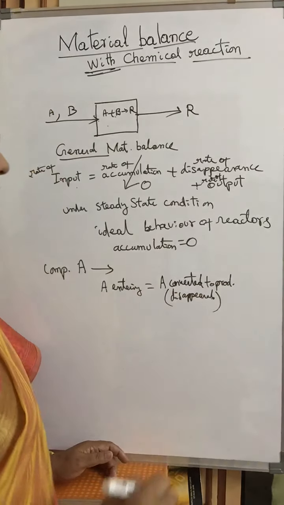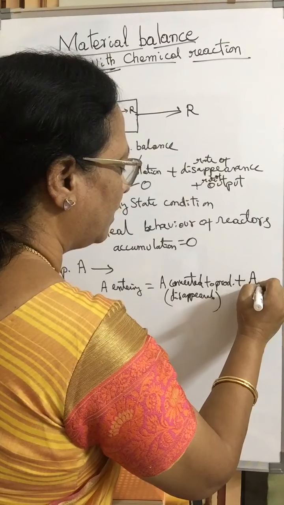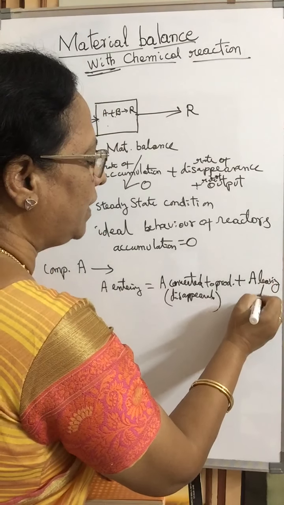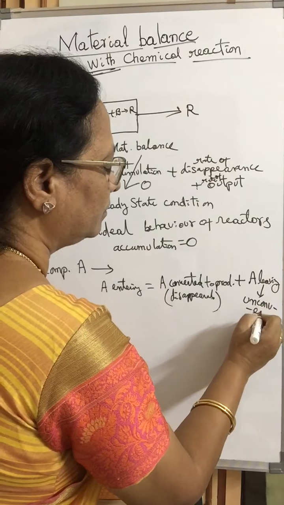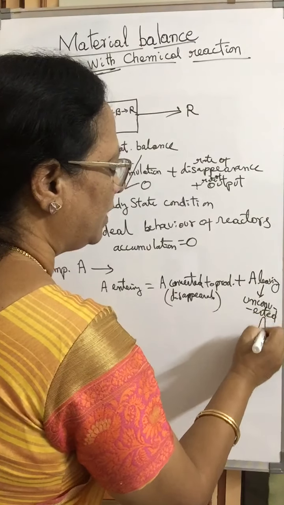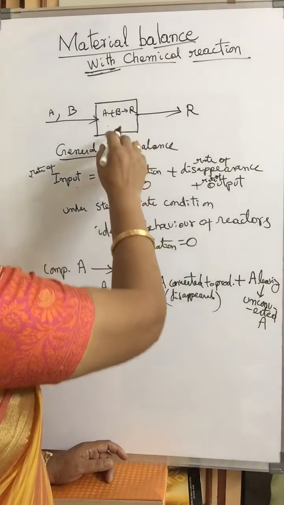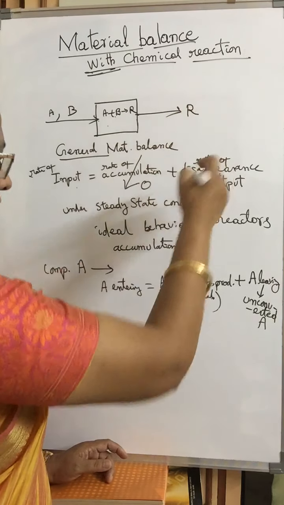Plus A leaving. A leaving is the unconverted A. So like this we write it now: A converted and A unconverted.